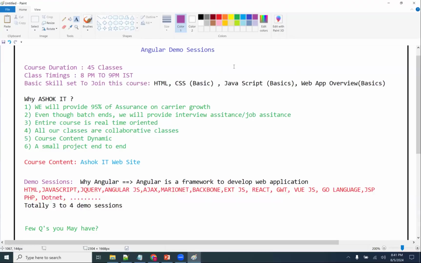My question is, as part of the integration of Angular with Spring Boot, we'll be doing it as part of this project, right? Yes, that's what I mentioned here. Okay, sir, thank you. Same question, same answer, right? Yeah, okay. Thank you.